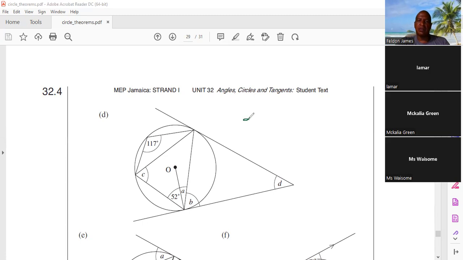A would be equal to 180 minus bracket the sum of 117 plus 52. All right. And all of that would be in degrees. You should have 52, sir, not 50. Not 50, sorry.